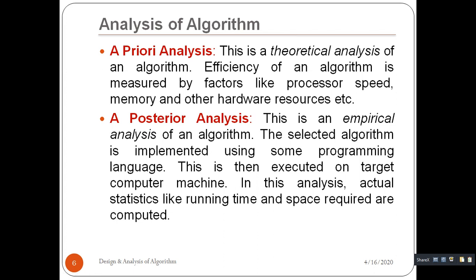First one is the time required by the algorithm to run, and another is the space required by the algorithm to run. The time required by an algorithm for its run is known as time complexity, and the space required by an algorithm for its run is known as space complexity.